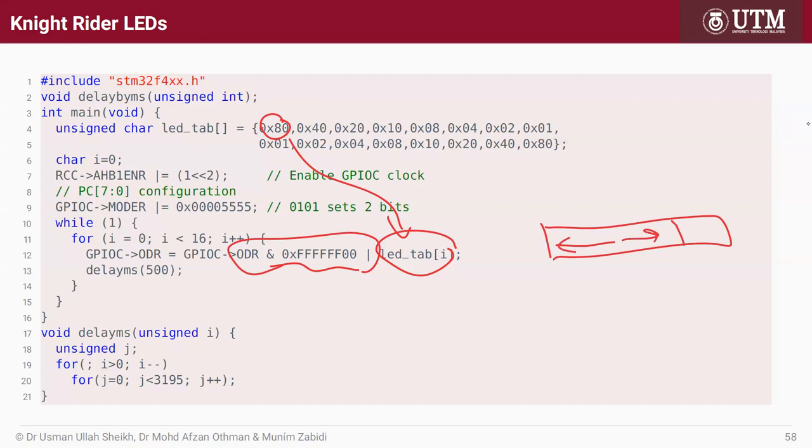You only modify this last part, that's why we have this FFF, to keep the whole value. You only update the second byte. This is 2 bytes here, so maybe 80. Just keep on replacing this, and at the output you can see some running light.